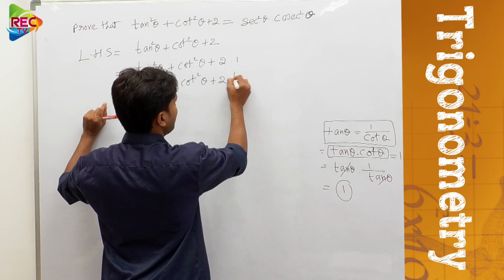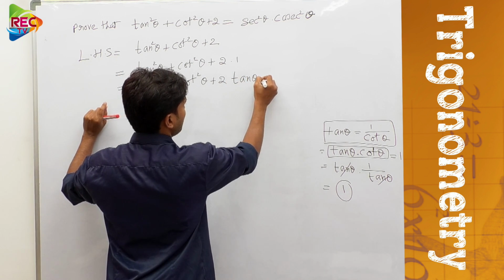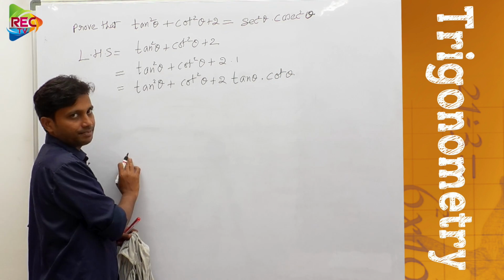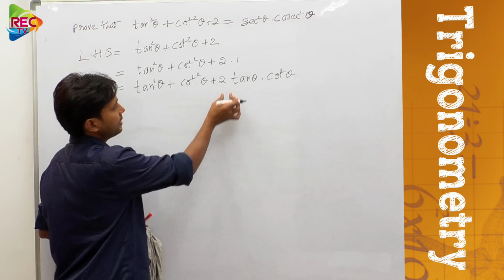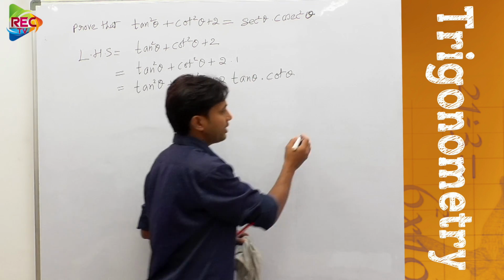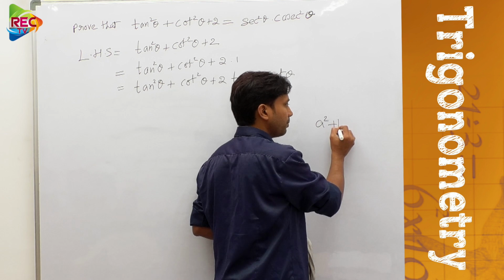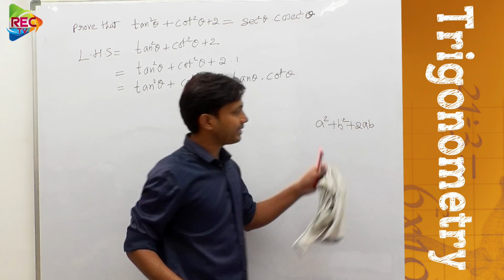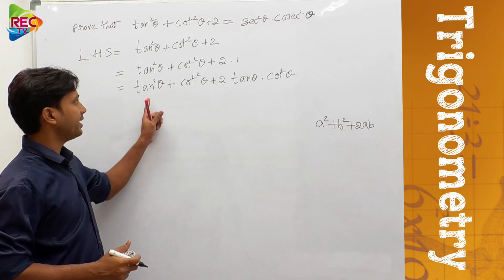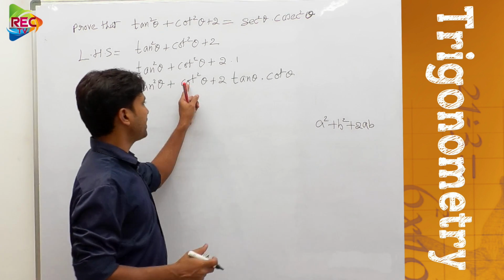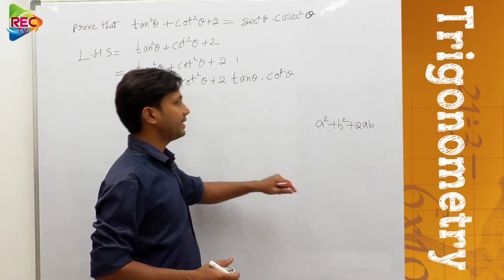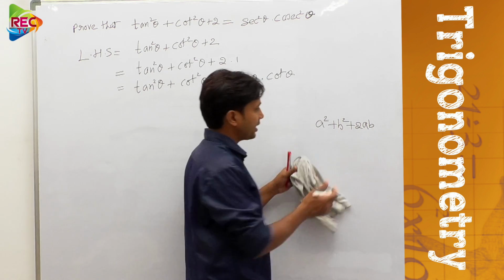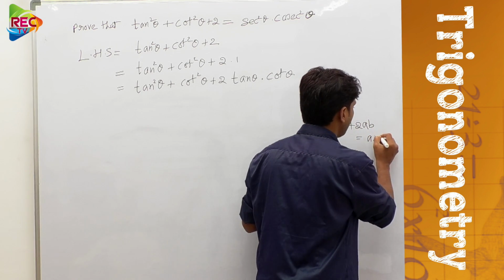So this is tan square theta, this is cot square theta, this is 2 tan theta cot theta. Is it looking like a square plus b square plus 2ab or not? Yes, a square means tan square theta, b square means cot square theta, and 2ab means 2 tan theta cot theta. So it's an expansion of what? A plus b whole square.